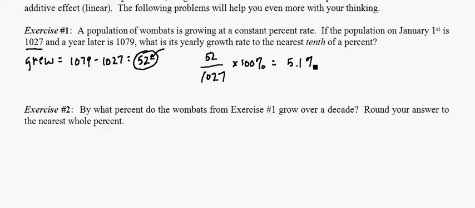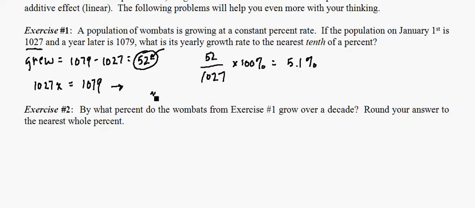to the nearest tenth. Now another way of thinking about it is to do something like this. You could just simply ask, how much would I have to multiply 1,027 by? What would I have to multiply this by to get me up to 1,079? Right?